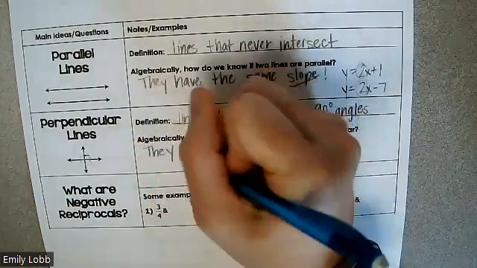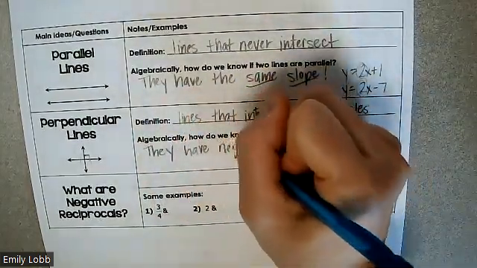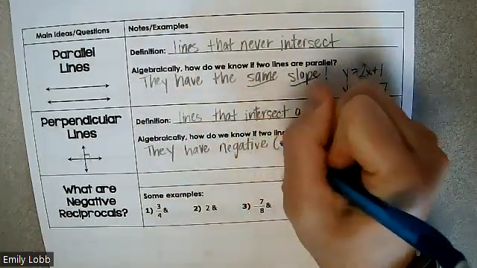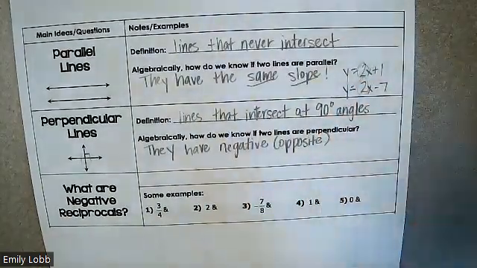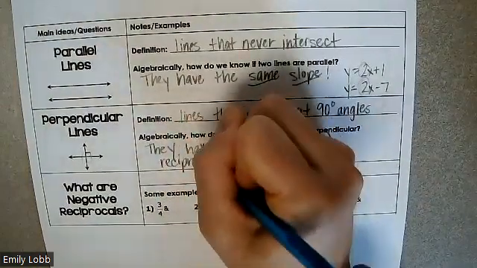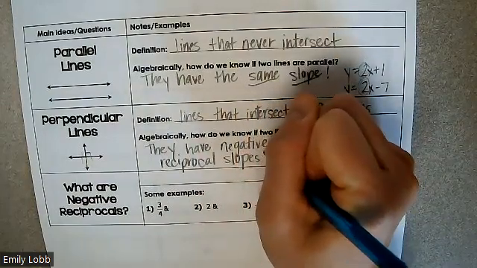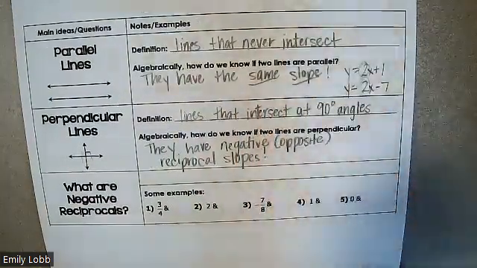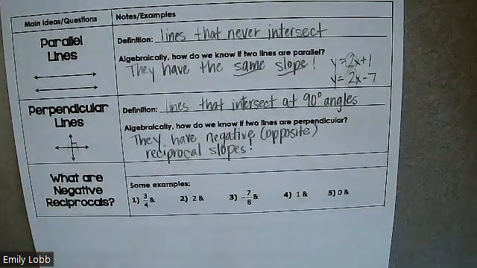They have negative, or in other words, opposite reciprocal slopes. So their slopes are the opposite reciprocals of each other.